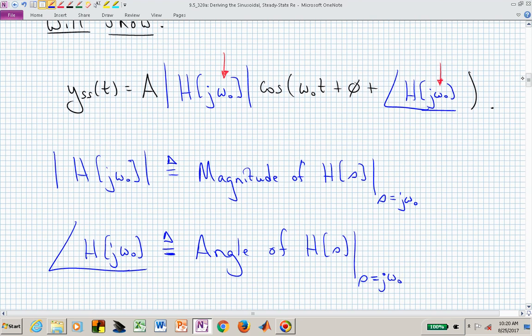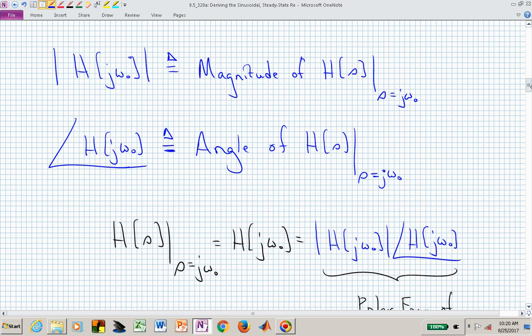Again, here's just our definition. We're finding the magnitude of our transfer function when we evaluate it at S equal to j omega naught. That just gives us a complex number, so we find the magnitude, the hypotenuse of this real part and imaginary part, and we find the angle of this complex number by taking the inverse tangent of the imaginary part over the real part.